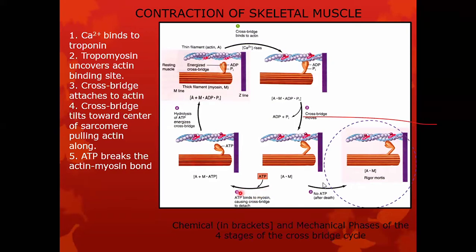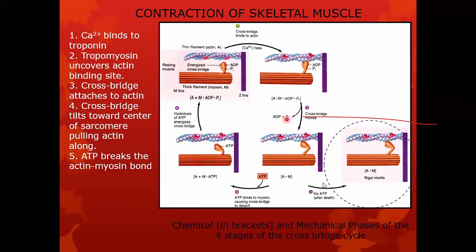The cross bridge will move, yes. Then another ATP binds to myosin, causing the cross bridge to detach. ADP plus phosphate will form ATP.